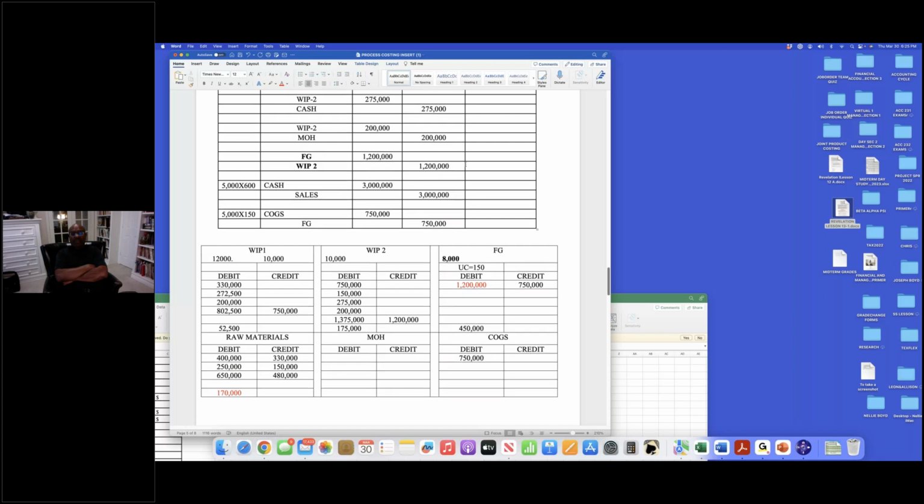I have a question. Where did the 600 come from? The 5,000 times 600, like on the cash sales? 150 was the cost, and the selling price is 4 times cost. So 4 times 150 is 600.